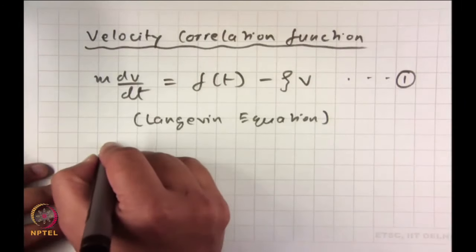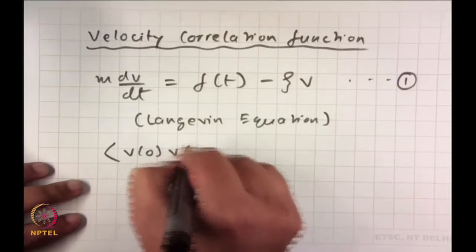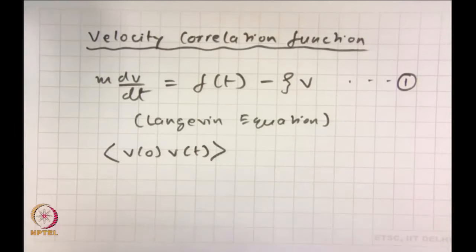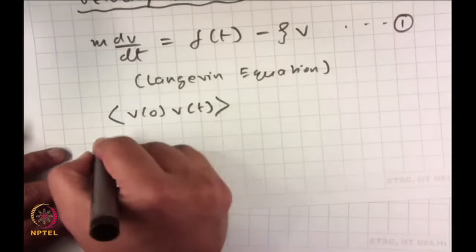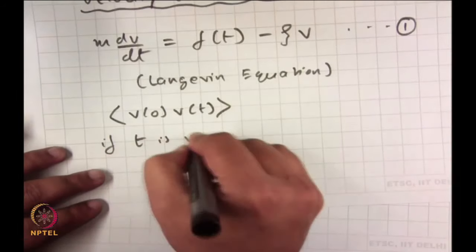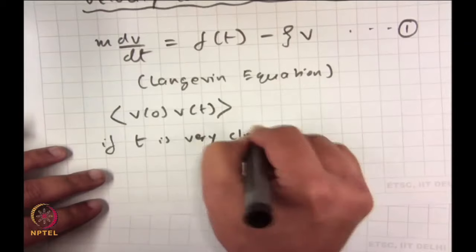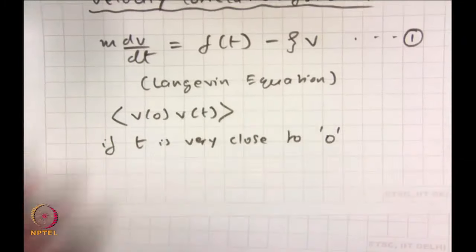I am considering this velocity correlation function, which is v 0 v of t. If t is very close to 0, which is this 0, so 0 means my 0 time.